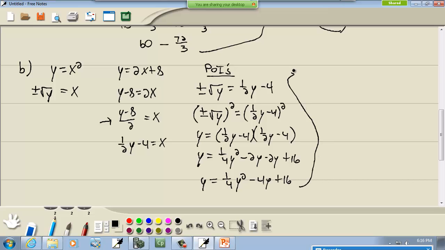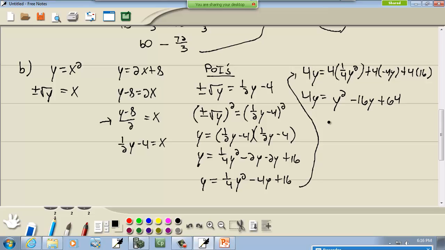We'll get rid of the fraction by multiplying everything by 4. So I got 4y equals 4 times 1/4 y squared plus 4 times negative 4y plus 4 times 16. Those 4's cancel. We got y squared minus 16y plus 64.